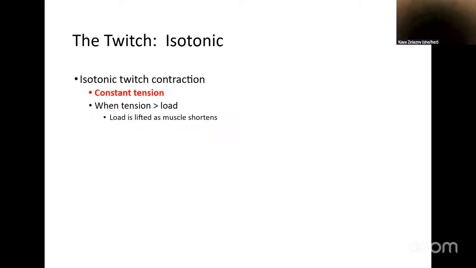So our tension in an isotonic twitch is going to be greater than our load. So right now we actually can lift stuff, right? The load on my hands is pretty light. I can exert potentially a lot more tension with my muscles here. So we actually lift the load, so the whole muscle actually gets shorter. Because if it didn't, nothing would move.